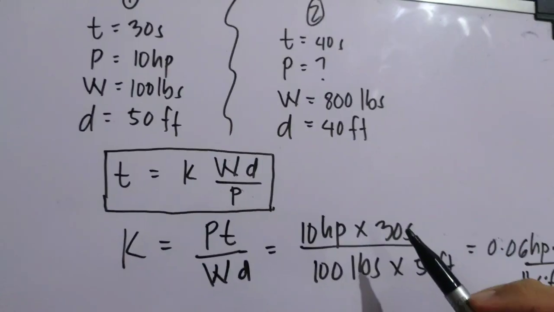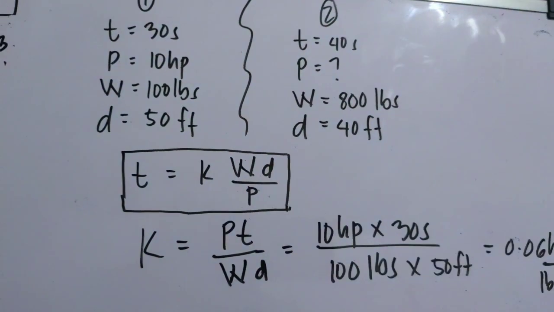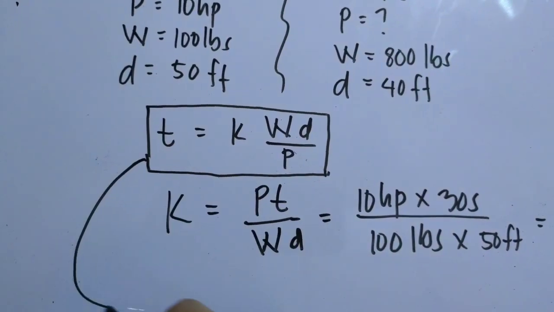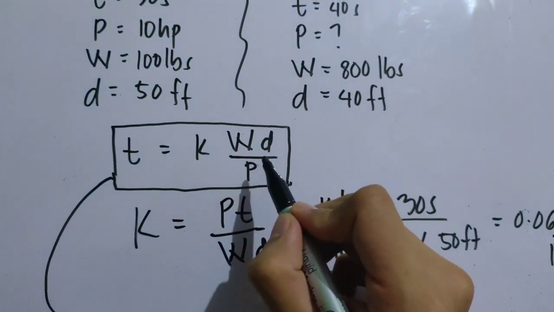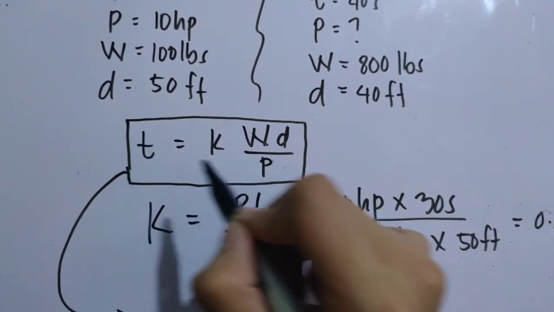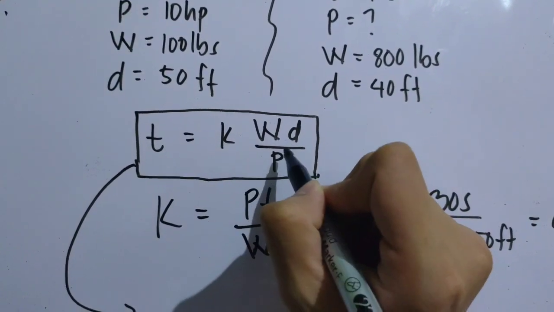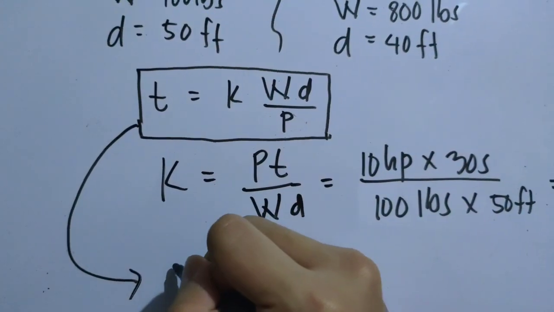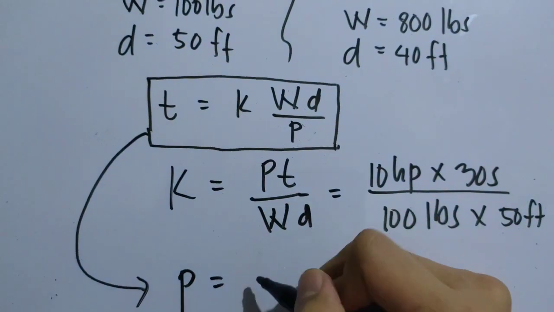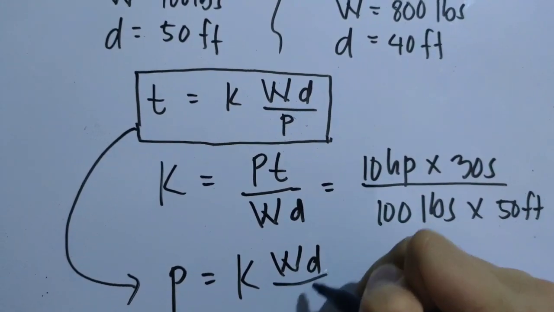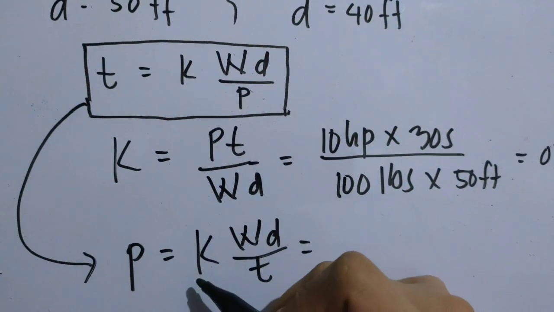Ngayon naman, masasolve na natin yung value ng condition number 2. So, gamit tong formula na to, alam na natin yung K nya. By the way, power pa lang hinahanap. So, pagpalitin lang natin yung power tsaka yung time. Yung time, i-divide natin dito. Yung power, multiply natin dito. So, magiging power is equal to KWD over time. So, i-substitute na natin yung mga values.